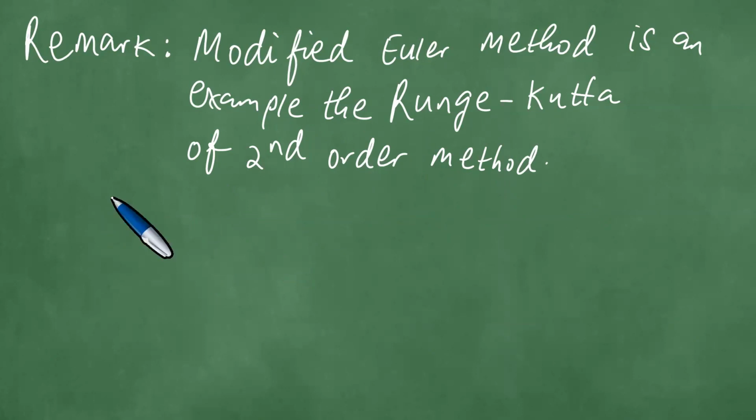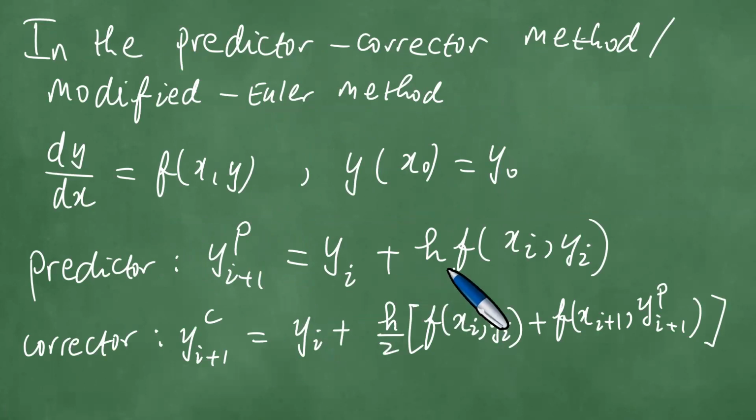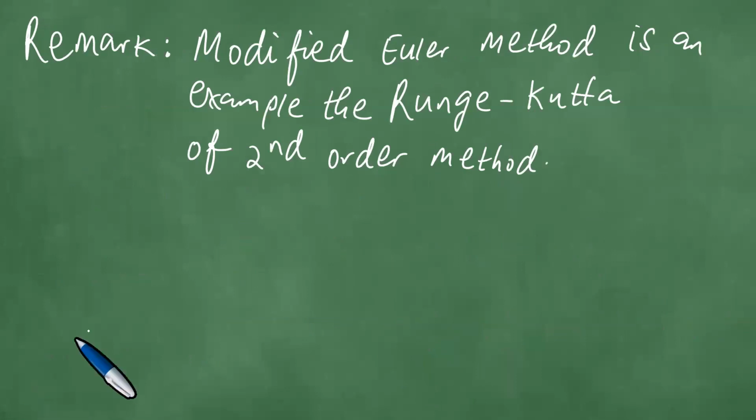So Euler is order 1, what we called the Euler method, and the corrector is what we call the modified Euler. Obviously we're going to look at examples. I'm just stating the formulas here in the form we're going to use today. But if one speaks of the modified Euler, it is just a Runge-Kutta of second order method. All right.